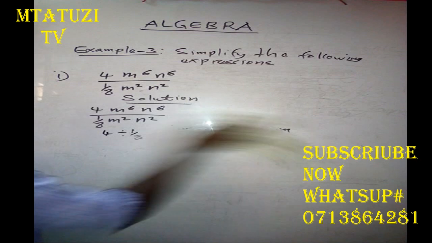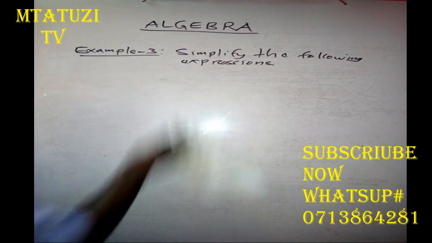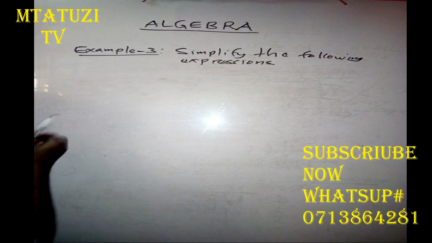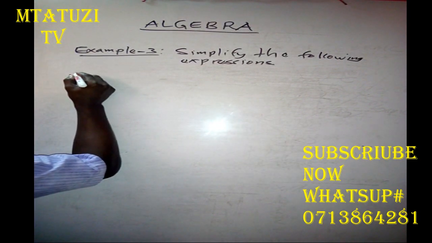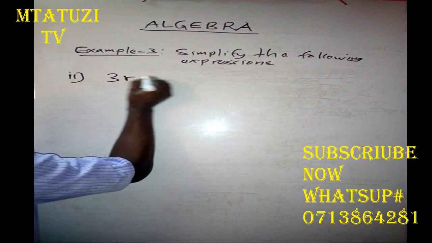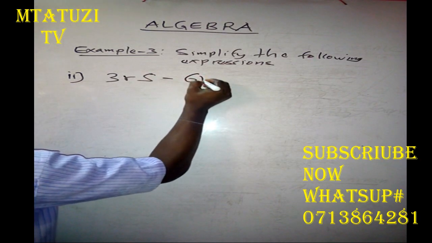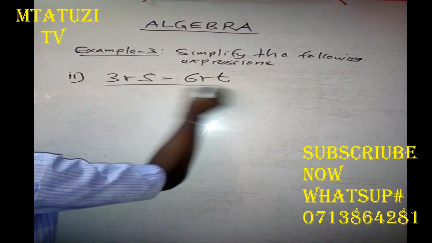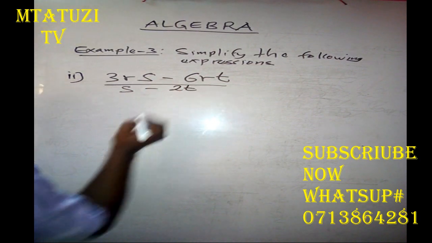Second question. The second expression is like this one. You are given 3RS minus 6RT divided by S minus 2T.